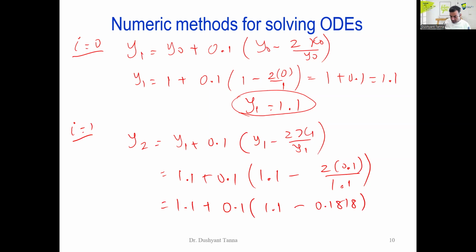So that is 1.1 minus 0.1818, which is 0.9182, times 0.1, plus 1.1. That will simplify to 1.1918. That's your y2.